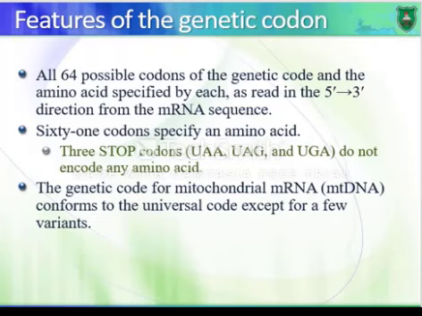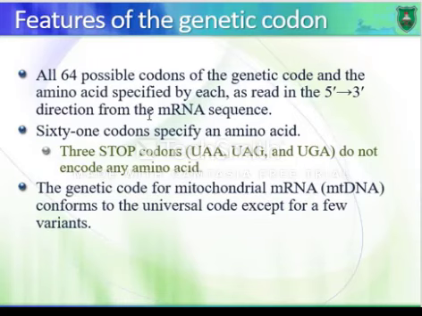Now, let us talk about the general features of the genetic code. Again, we have 64 possible different codons. You should know also that the translation or the reading of mRNA should be from the 5' to the 3'.